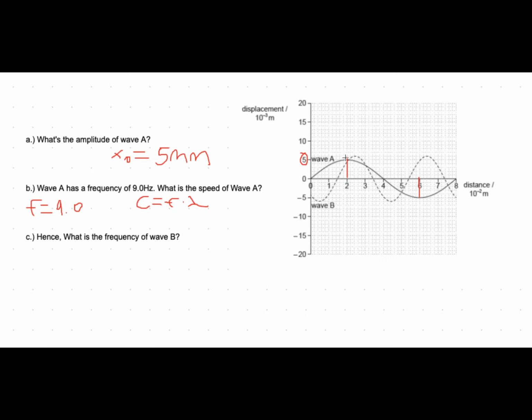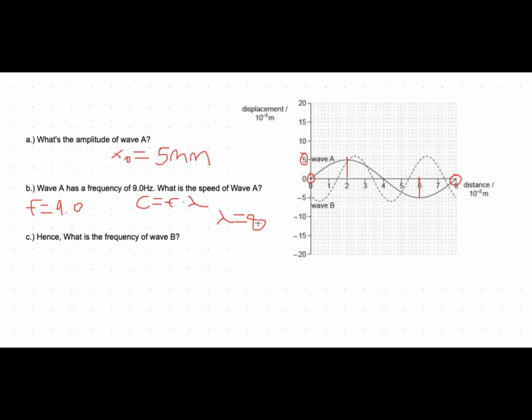But in this scenario, we only have one crest and one trough, so we just have to find it from 2 points that are in phase. This point is the starting of the oscillation, and this is where it completes one full cycle. So these 2 points are also in phase, and the distance from here to there is also the wavelength of the wave. That means that the wavelength of the wave is equal to 8 centimeters.